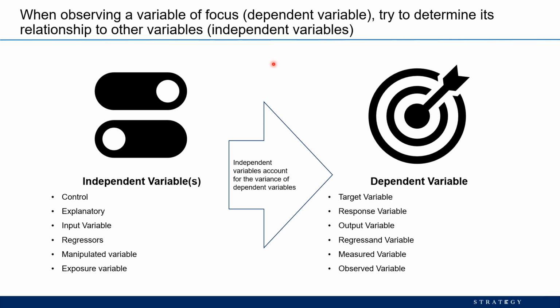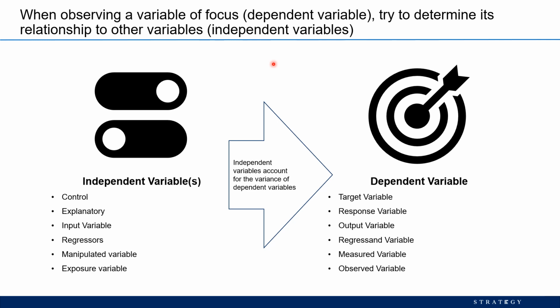Usually when you're trying to describe a relationship between two variables, you will look at a single dependent variable that you are interested in changing. And then you will look at that dependent variable's relationship with a single or multiple independent variables that affect that dependent variable.